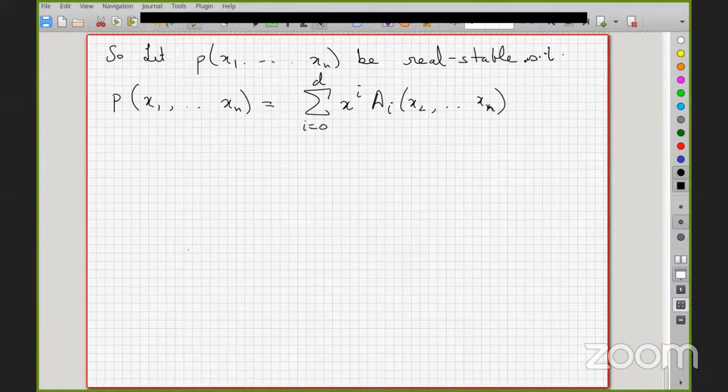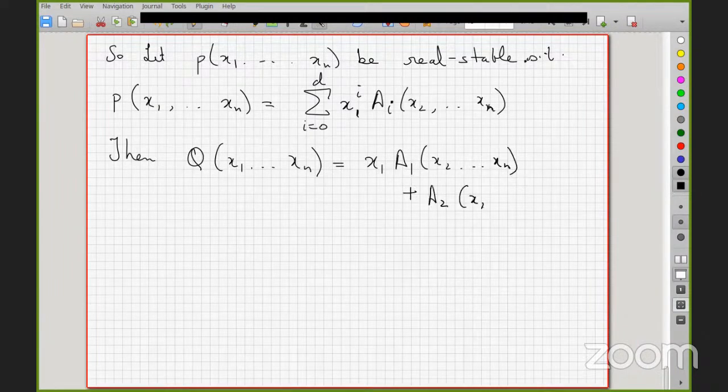I'm just expanding p in powers of x1, so a_i is exactly the coefficient of x1 to the power i. Then the polynomial q(x1, ..., xn), which is just taking the multi-affine part with respect to x1, is x1 times a1(x2, ..., xn) plus a0(x2, ..., xn), right? This is also real stable.